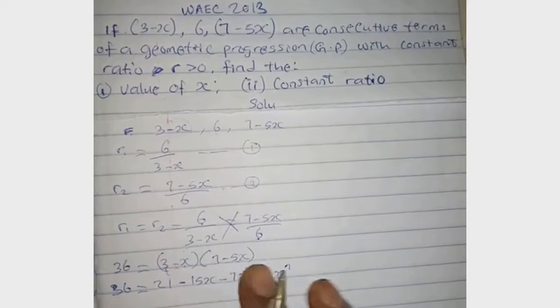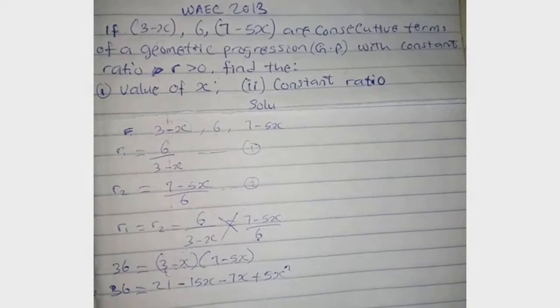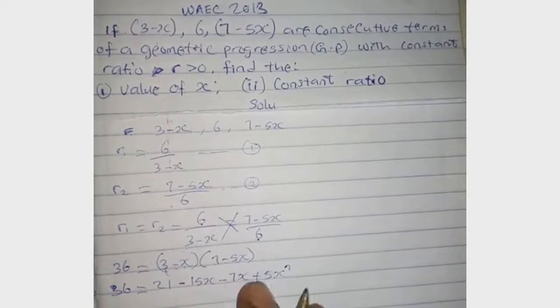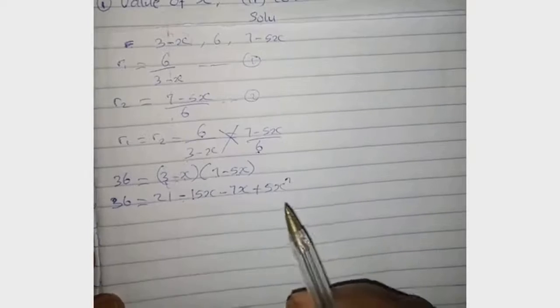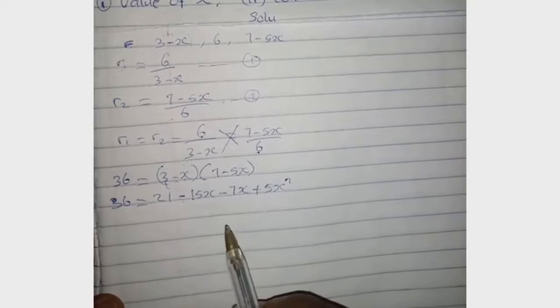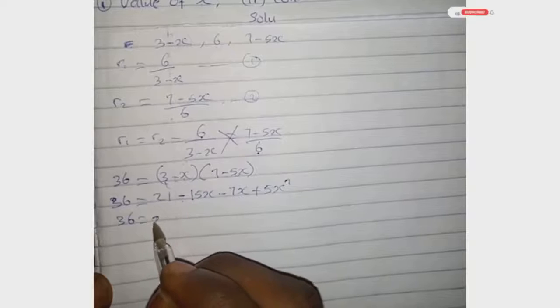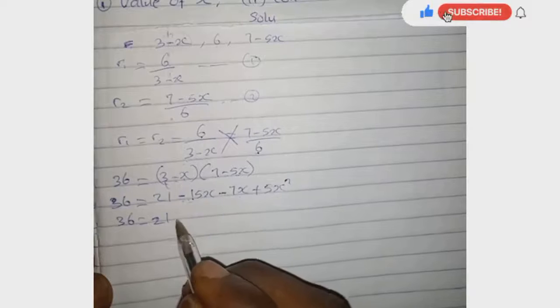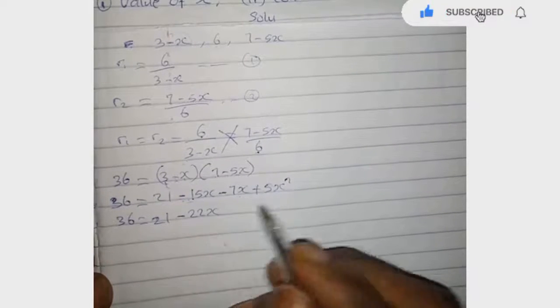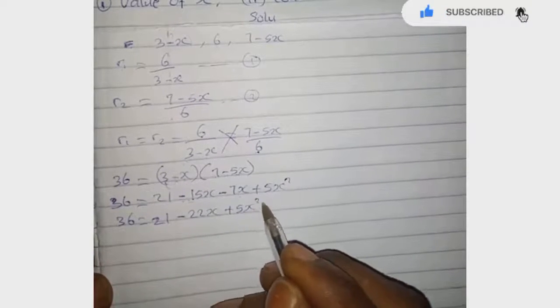So we have expanded the right-hand side. When you collect like terms, minus 15s and minus 7s are like terms, and they give minus 22s. So we have 36 equal to 21 minus 22s plus 5s squared.